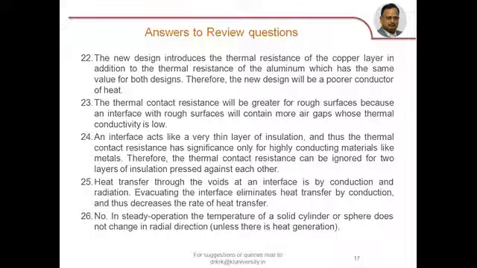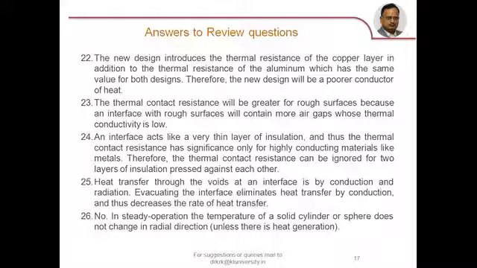When you press two materials under high vacuum condition, question number 25, you are removing totally the air, so there won't be any convection and you will have only radiation. Therefore, evacuating the interface eliminates heat transfer by conduction and thus decreases the rate of heat transfer further.